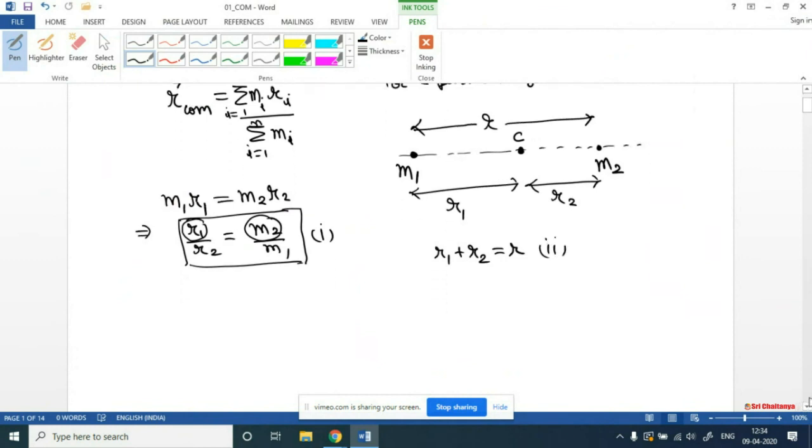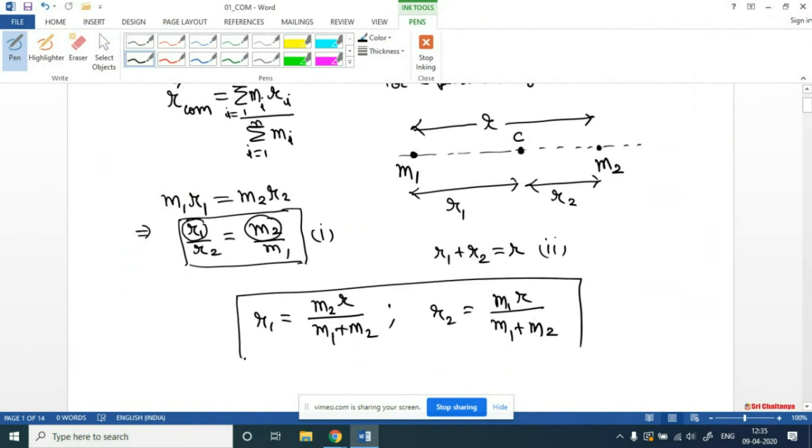Using these two equations, we can very simply say that R1 will be equal to M2 times R divided by M1 plus M2, and R2 will be M1 times R divided by M1 plus M2. We will be using these two formulas in problem solving quite a lot.